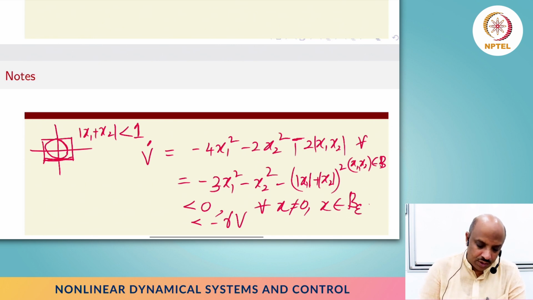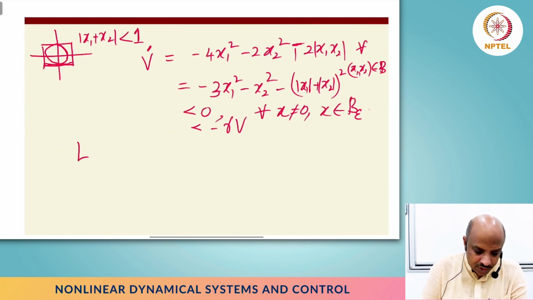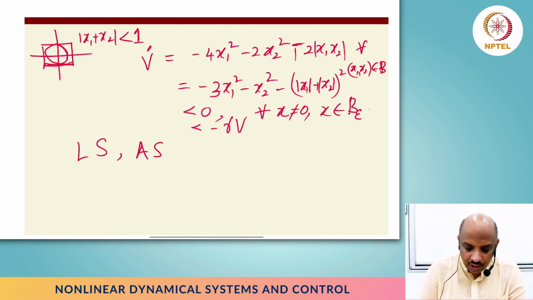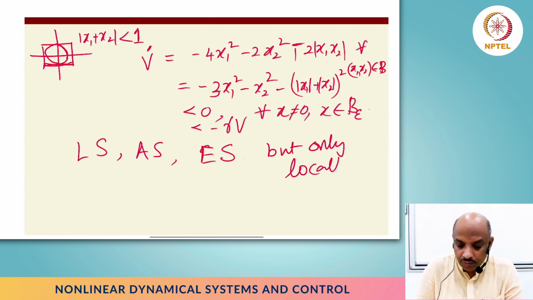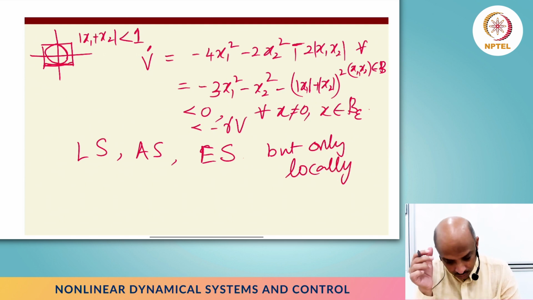So this shows Lyapunov stable because it's less than or equal to 0, asymptotic stability, and then the last thing is exponential stability, but only locally. This is not going to be true globally.